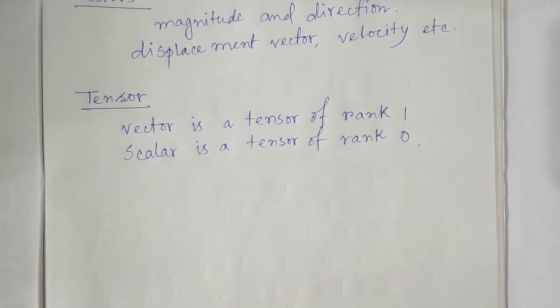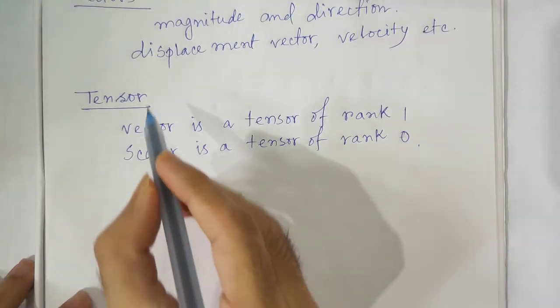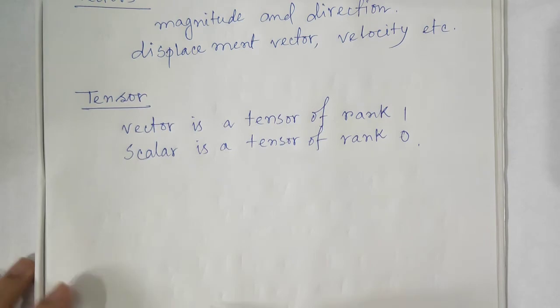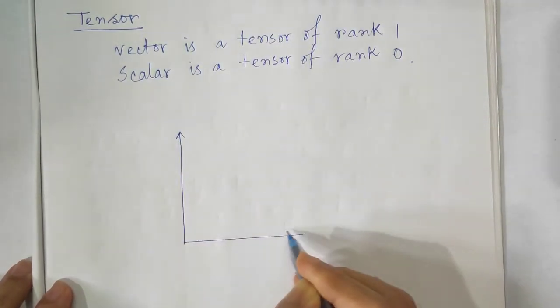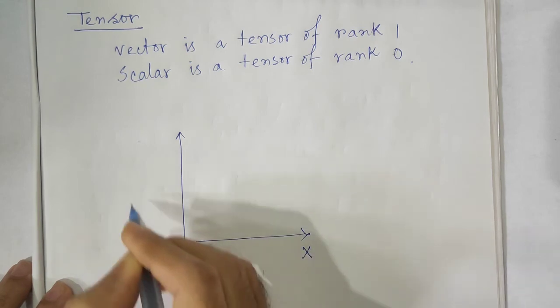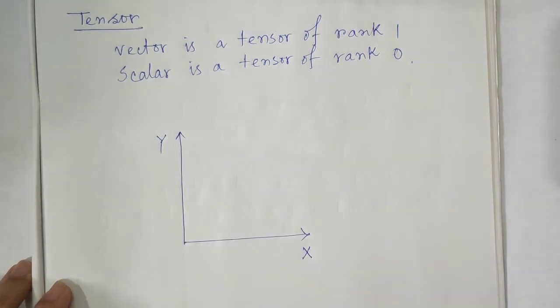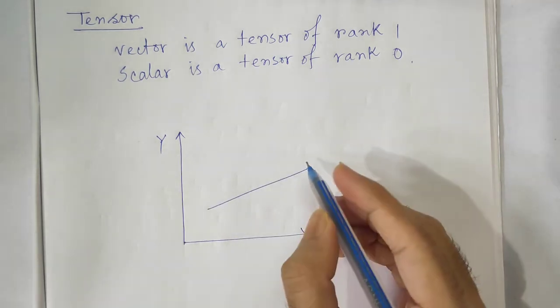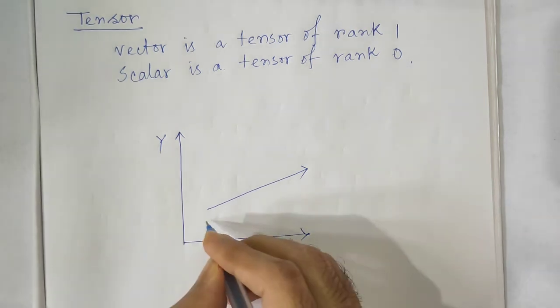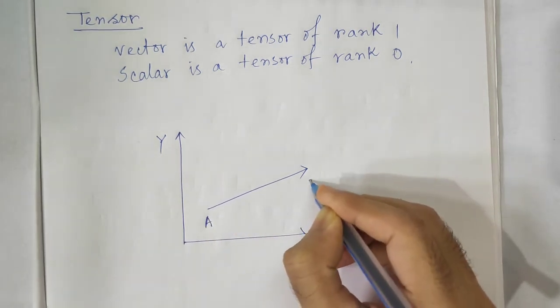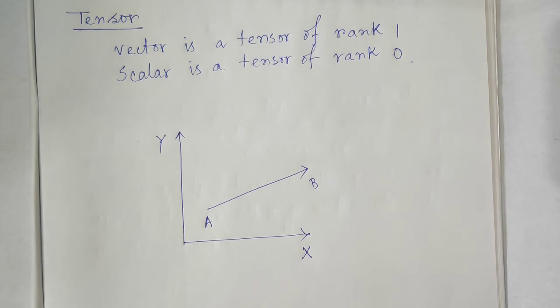Now here comes the part: what does a vector signify? In simple terms, let us take the displacement vector. Okay, this is a coordinate system, right? Here is the x-axis and here is the y-axis. Now I am drawing a displacement vector. Okay, this is the point A and this is the point B. Now what does this displacement vector tell us?